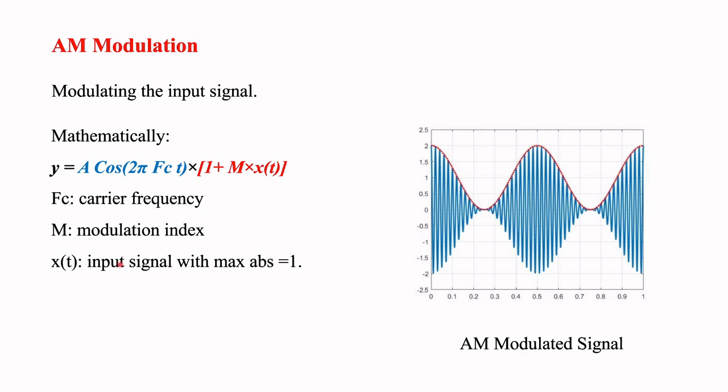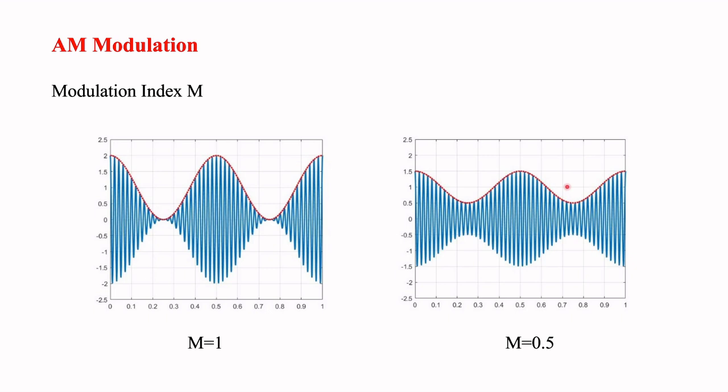So let's see what the modulation index does. The modulation index, which ranges from 0 to 1, has the following effect, as we can see here in these two figures. So for example, if the modulation index is 1, which is the maximum value, we can see that the amplitude of our carrier signal varies all the way to 0 and then goes up again.